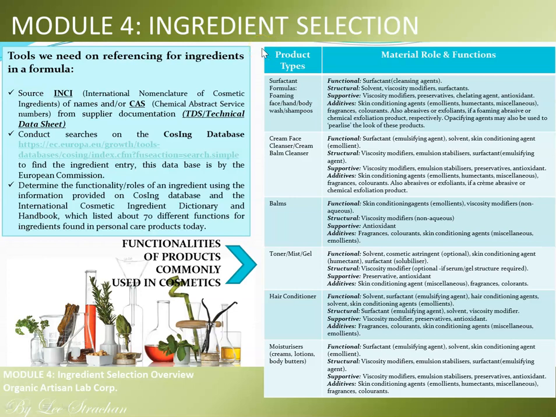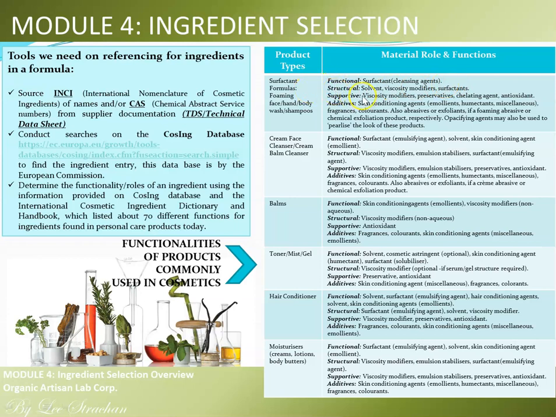chemists create a product. So to continue, let's talk about surfactant formulas for foaming face, hand, and body washes and shampoos. So for functional ingredients, we're looking at surfactant cleansing agents. Those are the materials that we will label as functional.